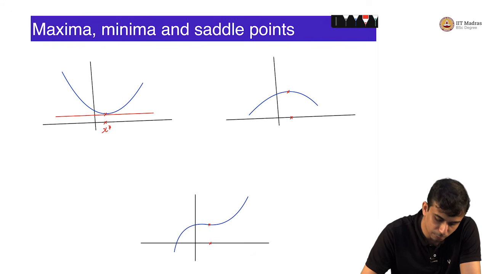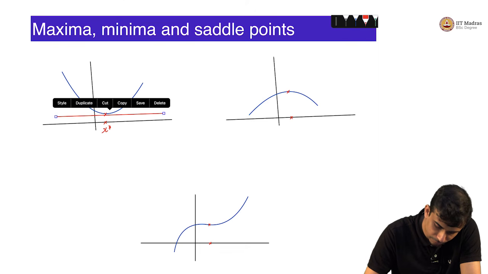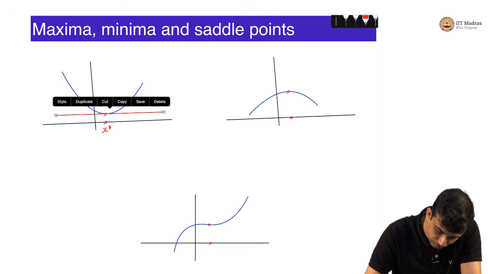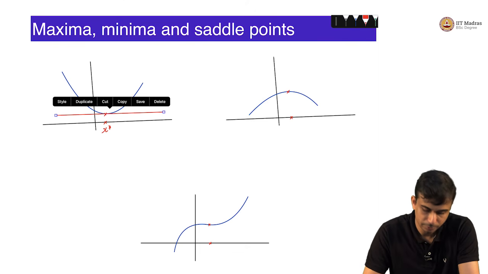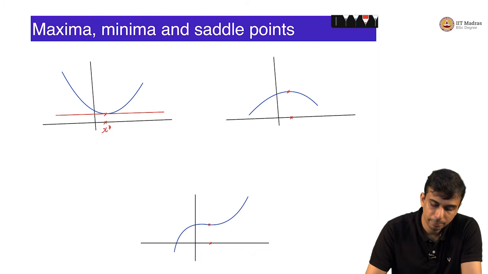So, the linear approximation would be a straight line. And in this case x star happens to be a local minima, or we will just call it minima.